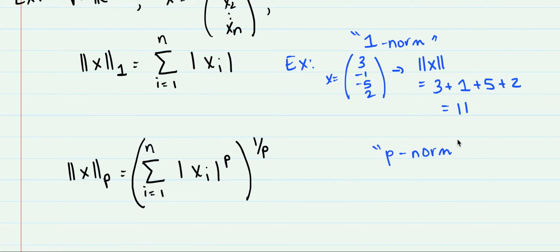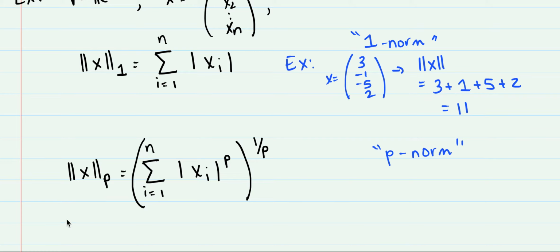And this is kind of similar to this one. We take the absolute value of each entry, but then we raise it to the power p. We sum all of that up, and then we take the pth root of that.